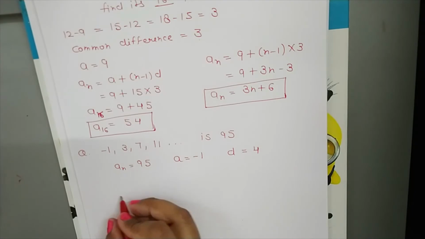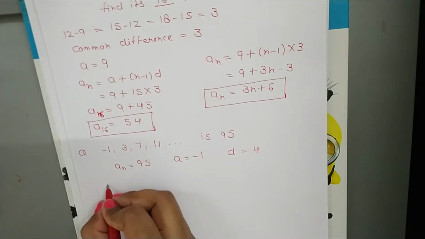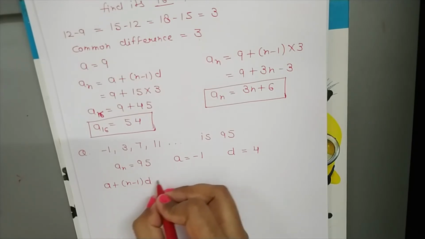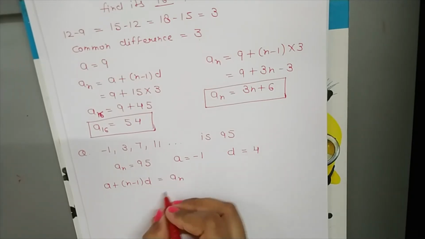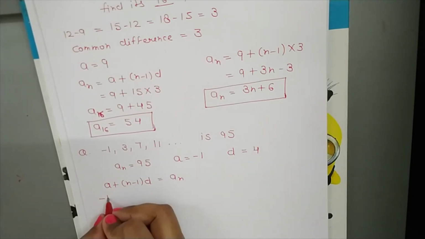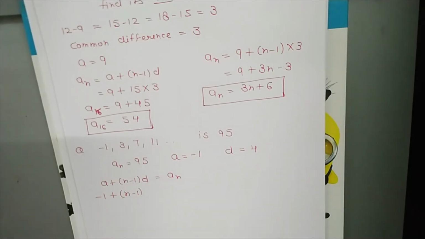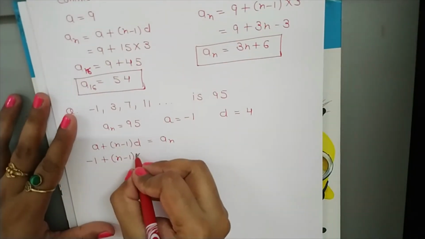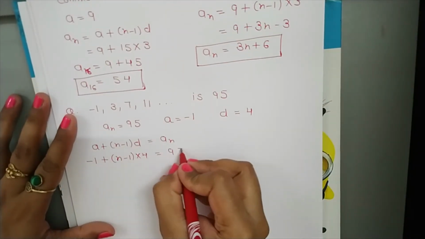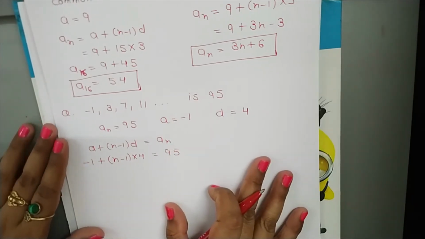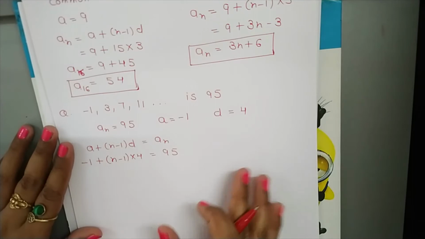So we have to put the values in the general formula: a + (n - 1)d = an. So a is -1, plus we have to find the value of n, then d is 4 and this will be 95. So it will be transferred to the right hand side.